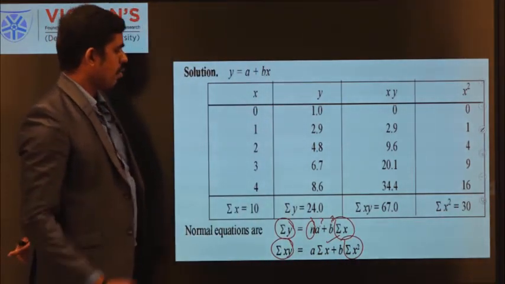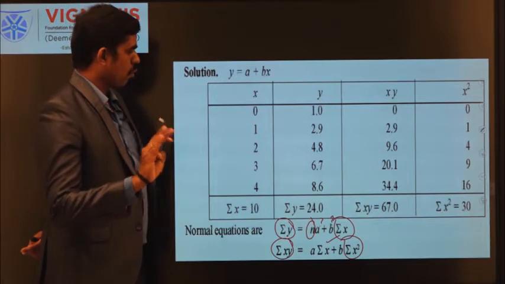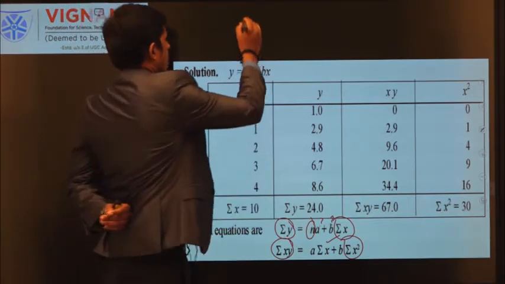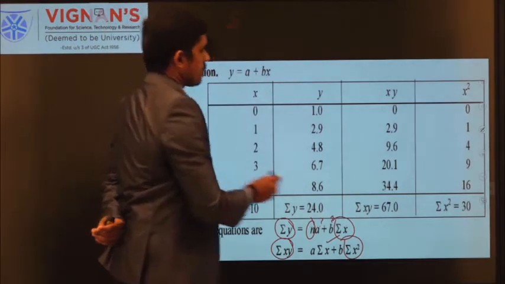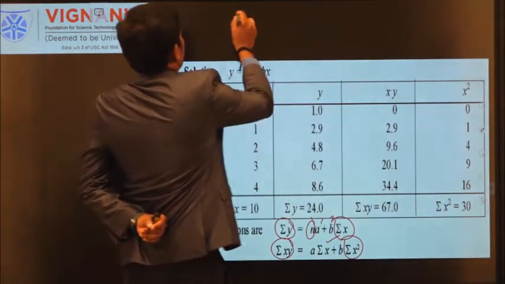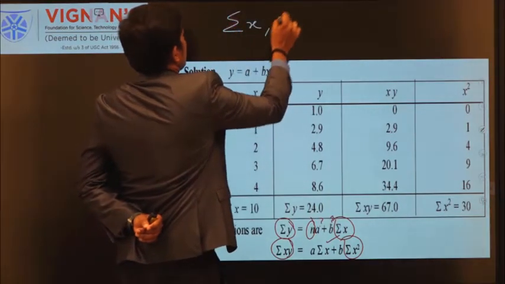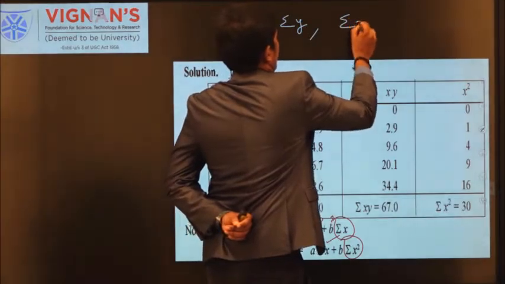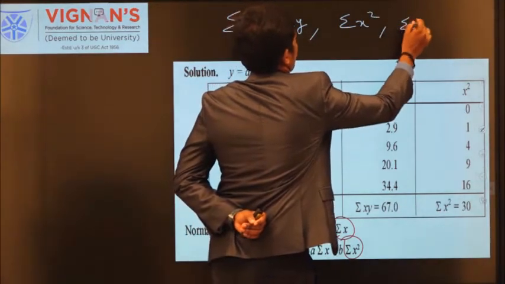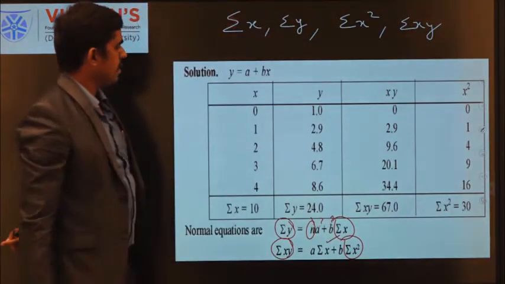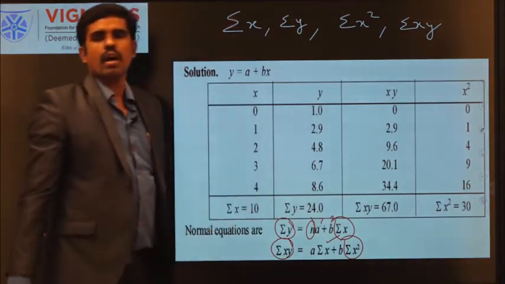So four values I need from the table: summation x, summation y, summation x square, summation xy. These are all the values I need to solve these two normal equations.